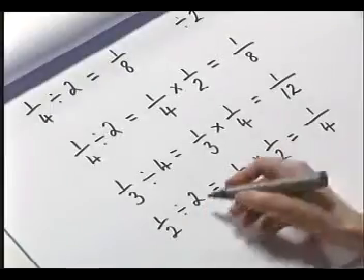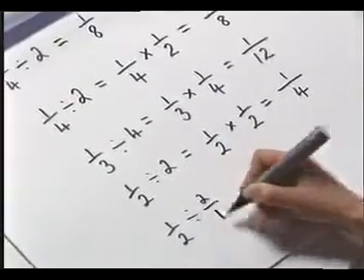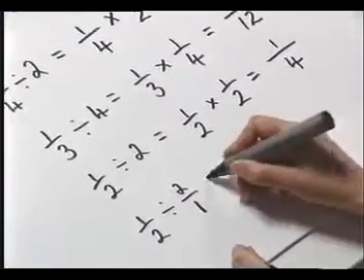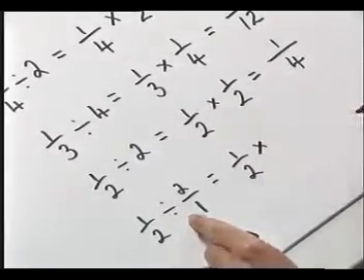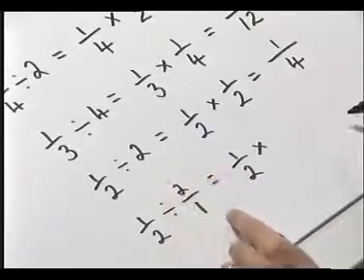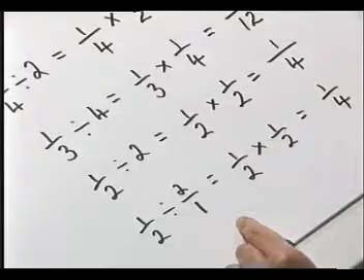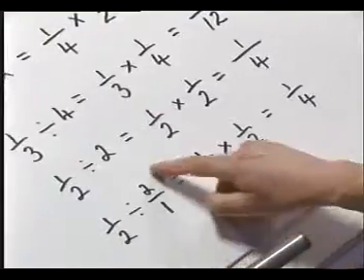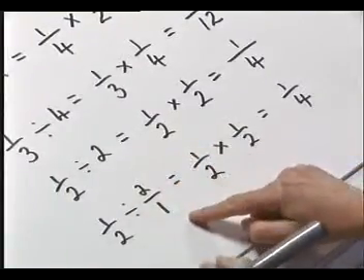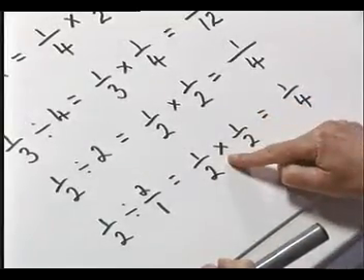Now, as we can write any whole number as a fraction, I could write this as a half divided by 2 over 1. And then what I'm doing when I multiply is turning this upside down. So to divide fractions, you take the divisor, the one that's doing the dividing, and you turn it upside down and you multiply.